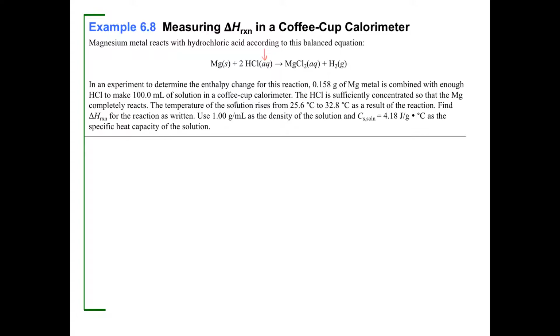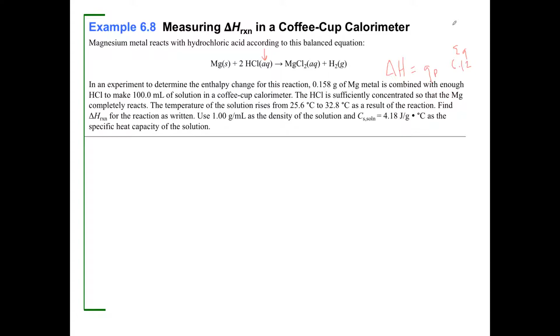In an experiment to determine the enthalpy change for this reaction, we saw in the last section, by the way, that the enthalpy change for constant pressure is enthalpy change equals the heat at a constant pressure. Remember that? Okay. This is equation 6.12.